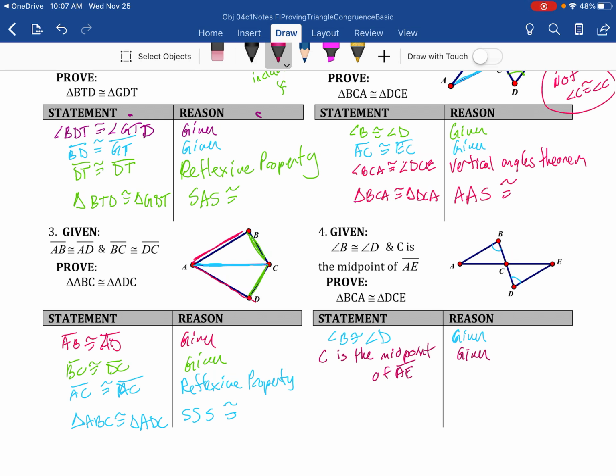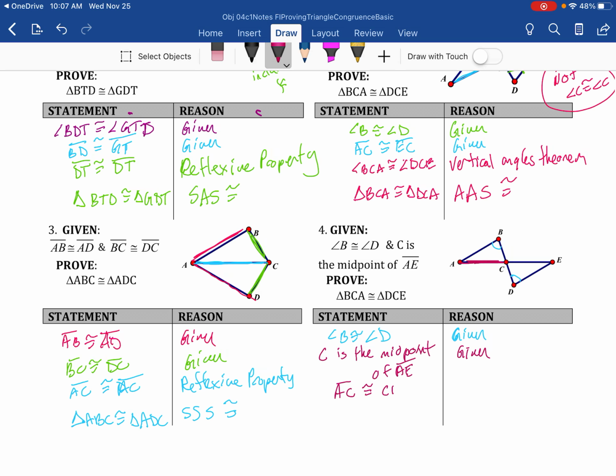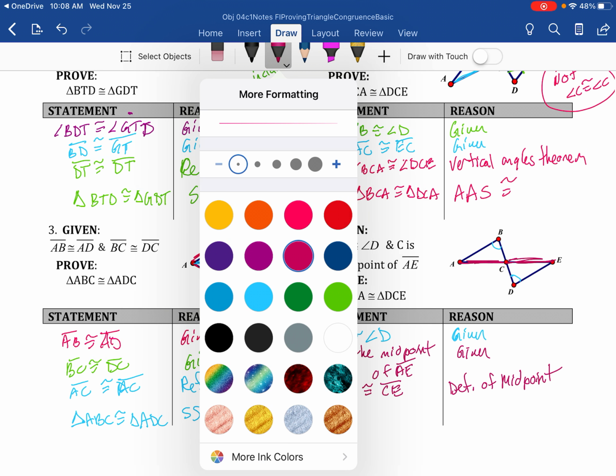But if C is the midpoint of AE, then I know that AC must be congruent to CE. How do I know that? Well, that's by definition of a midpoint. A midpoint divides a segment into two congruent parts. So that's what you'd write. That's how I know that those two parts are congruent.